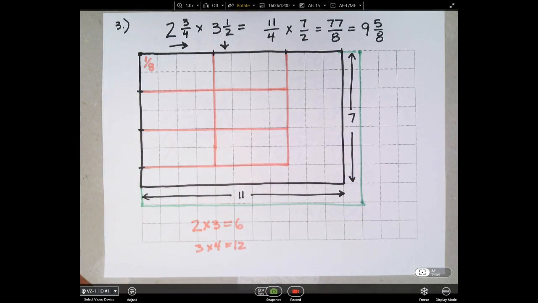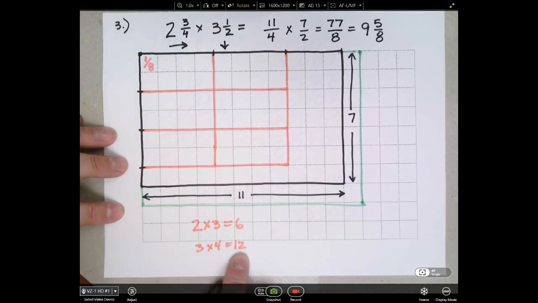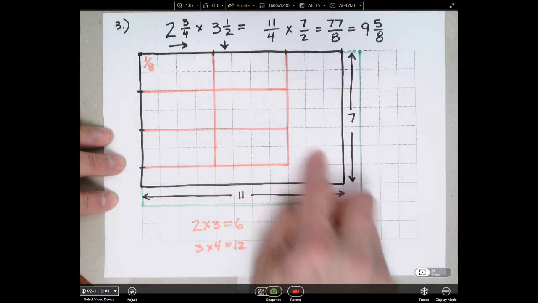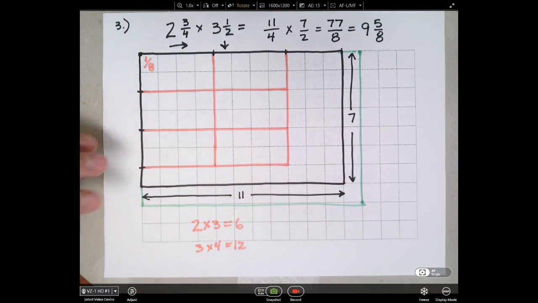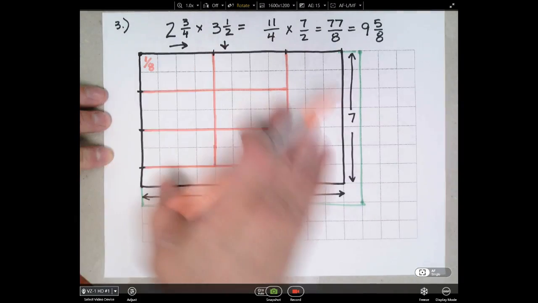So one of the things that I need to know right away is that my answer should be between 6 and 12 in order for it to make sense. And as a matter of fact, I'm going to say that this area is probably larger than what's inside here, so it's probably even going to be bigger than 9, which is halfway between 6 and 12.